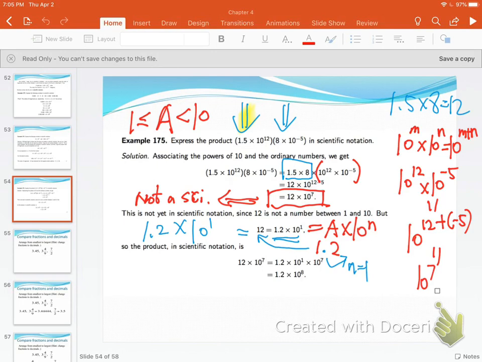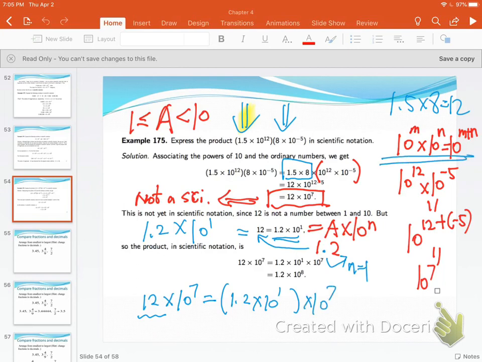So finally, we have to put them together. 12 times 10 to the 7 is our new scientific notation for 12, so it's 1.2 times 10 to the first times 10 to the 7. And then we need the multiplication rule for the power of 10 again. We add 1 and 7, so it's 1.2 times 10 to the 1 plus 7th power.